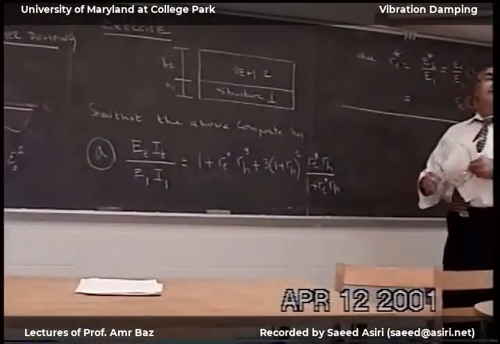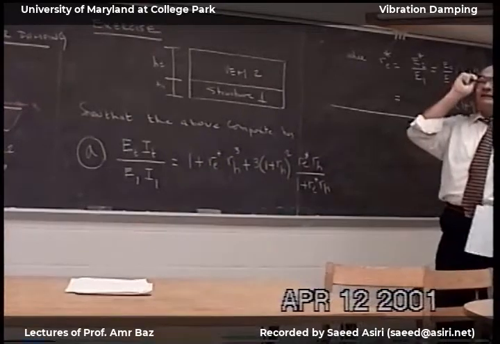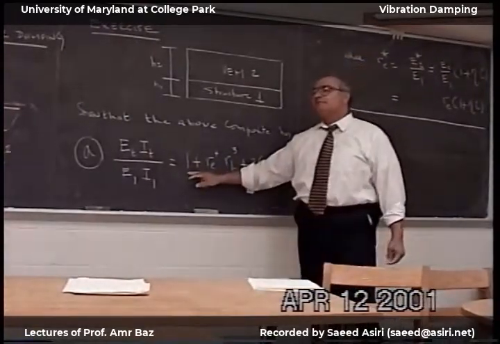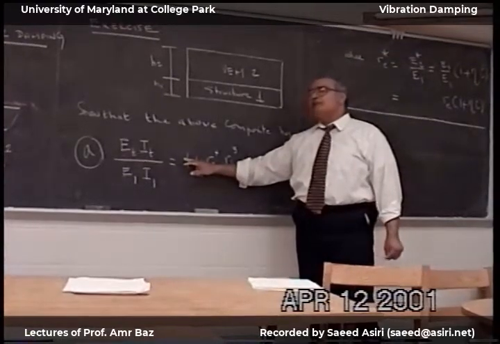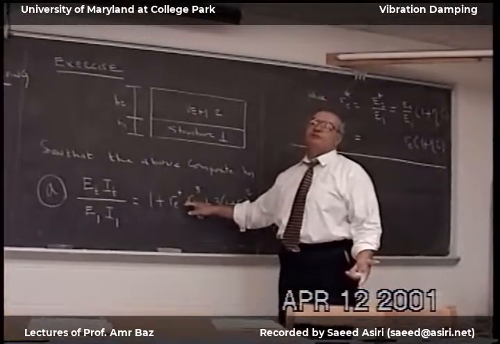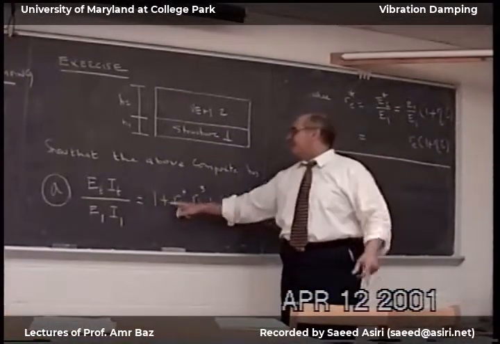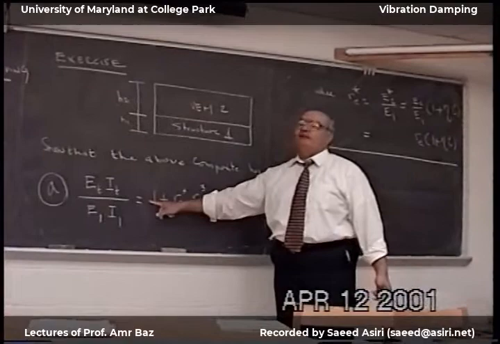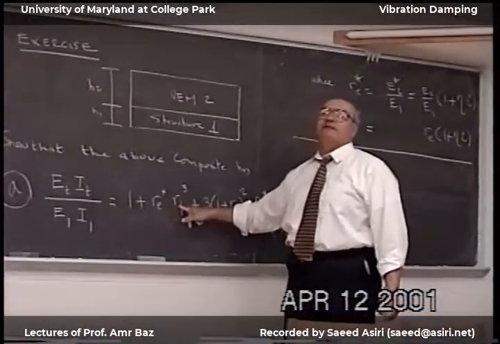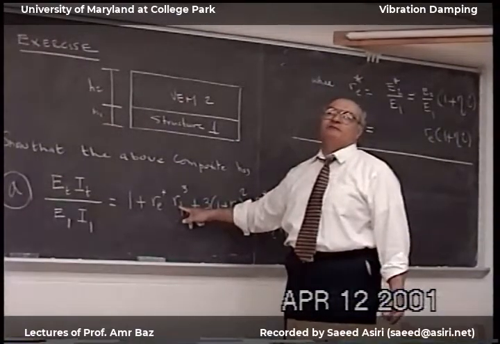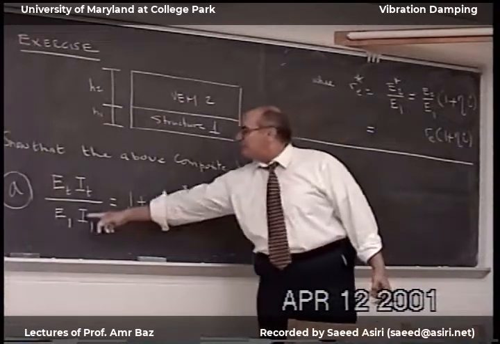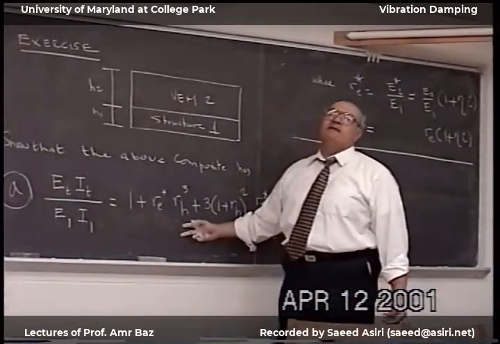So for example, if I don't worry about the neutral axis, I have here Young's modulus times thickness cubed over 1 over 12. 1 over 12 Young modulus, thickness cubed, and then divide by 1 over 12 Young modulus 1 over thickness cubed.